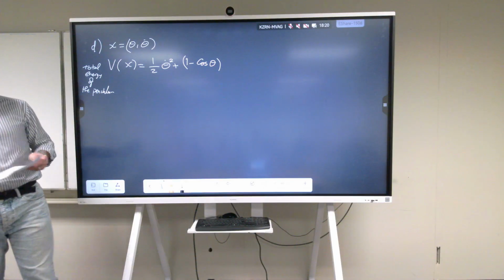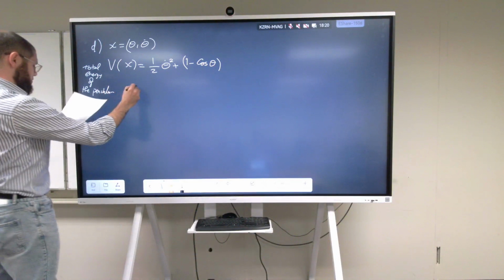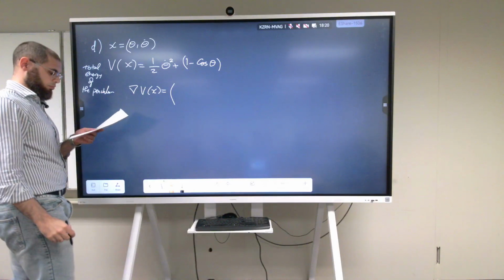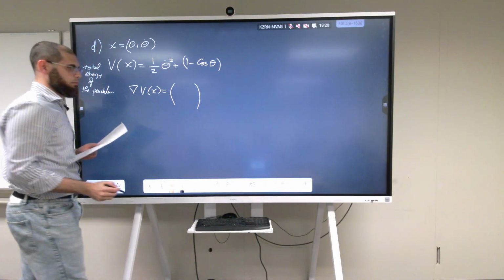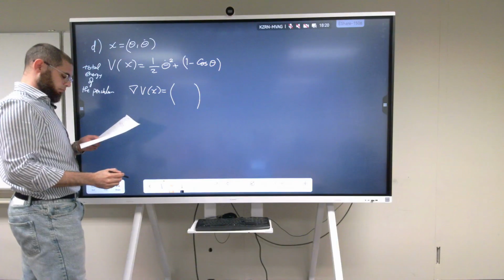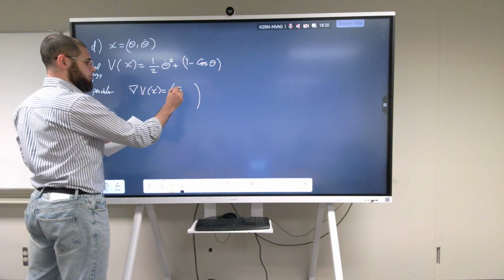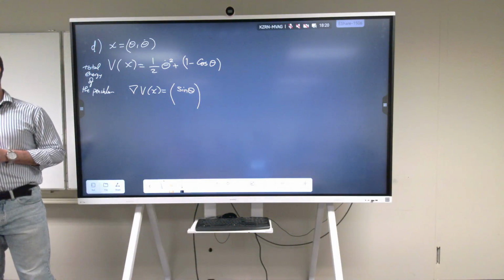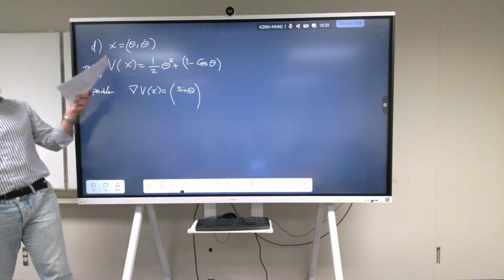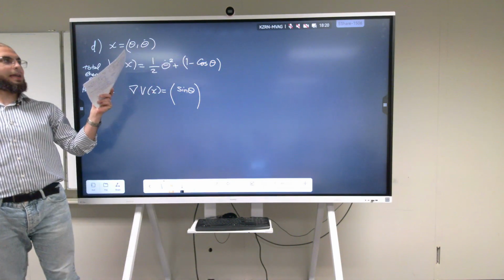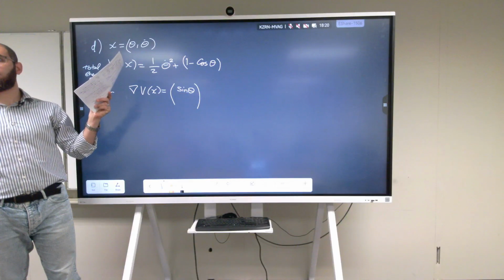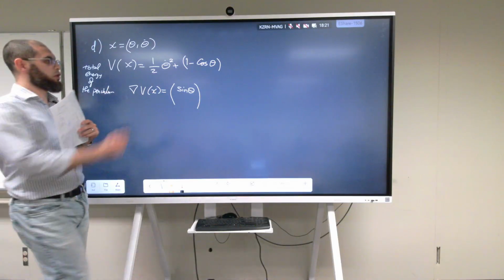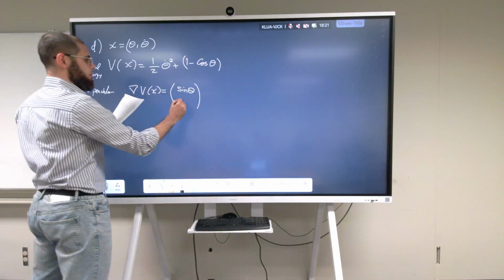Okay? So, again, the gradient: the first one will be theta dot. Sine theta. Make sense? So differentiation of this function with respect to theta is sine theta. And differentiation with respect to theta dot is theta dot.